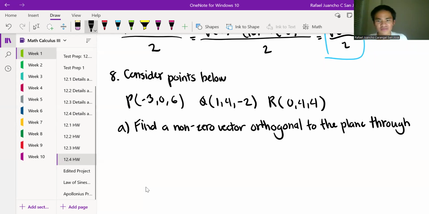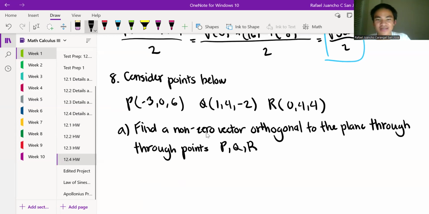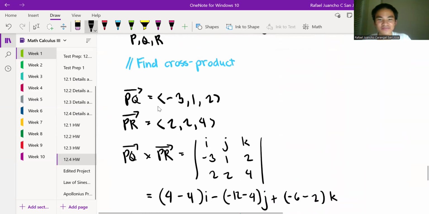Okay, so find a non-zero vector orthogonal to the plane through points P, Q, R. So it's actually the same idea that we went over, the same step as earlier.